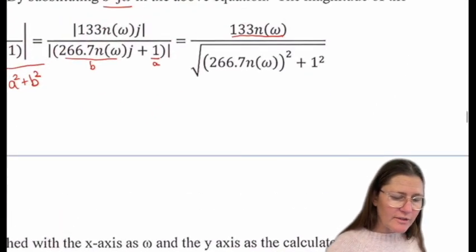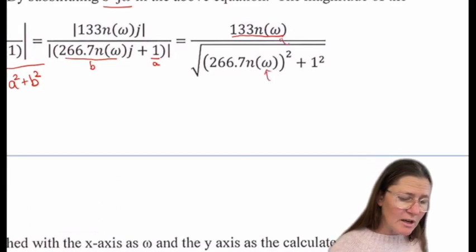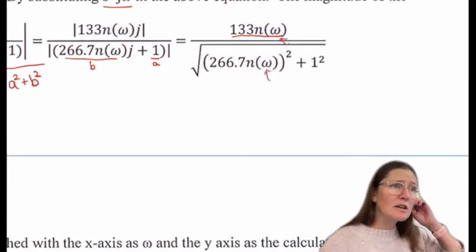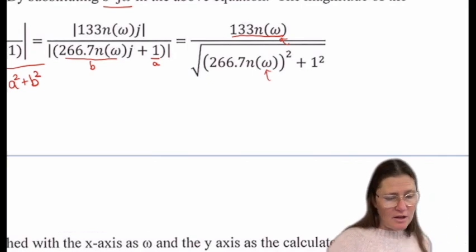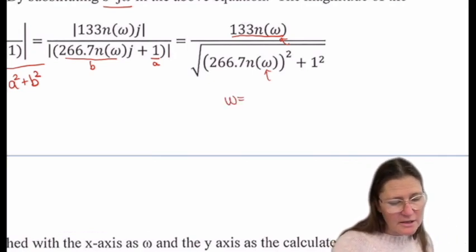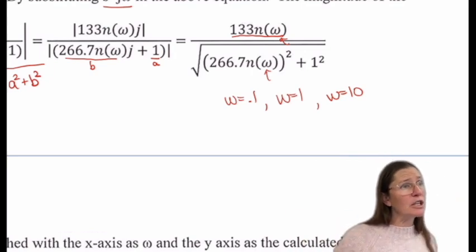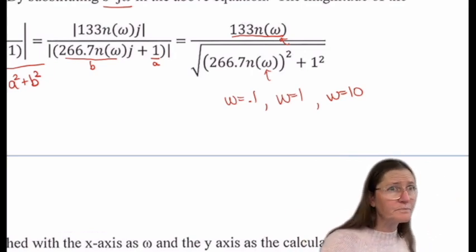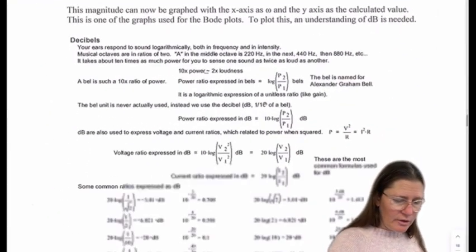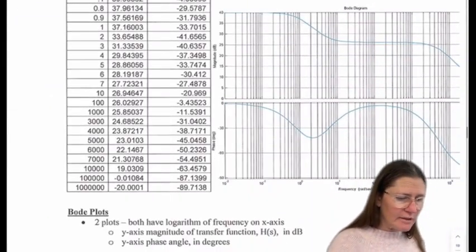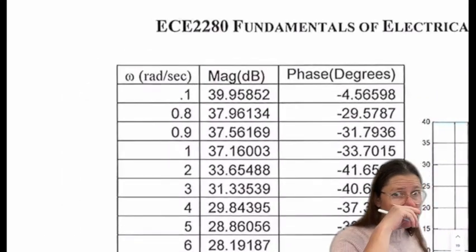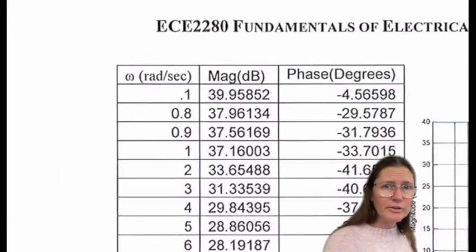So with these numbers, I now have a function with just omega and no imaginary in it, and I can graph this. I can put omega is 0.1, I can put omega is 1, I can put omega is 10, and so on, and I get a fixed number for each omega in there. I can do this in Excel or somewhere else.